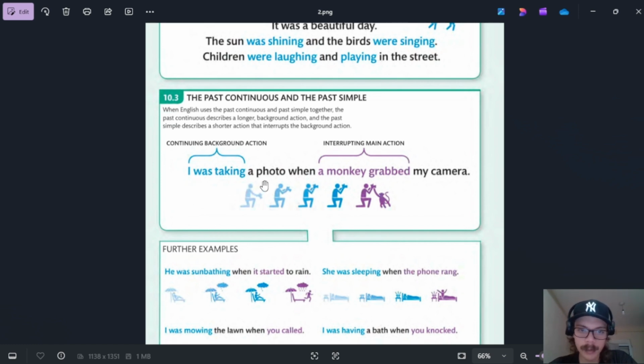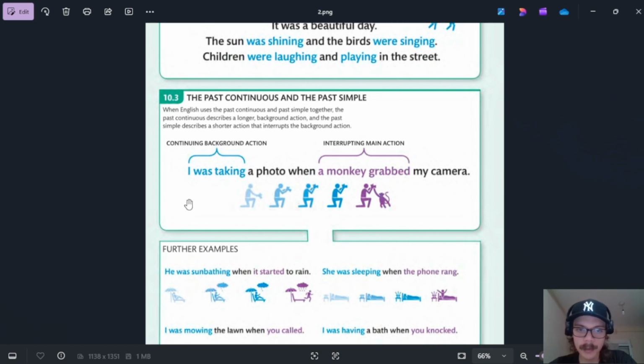I was taking a photo when a monkey grabbed my camera. This is a combination of two different verb tenses, past continuous and past simple, and they work together because they describe different things. Okay, so they complement each other.